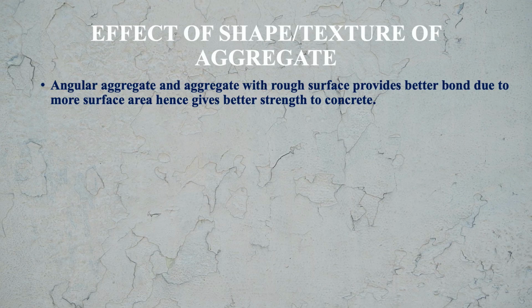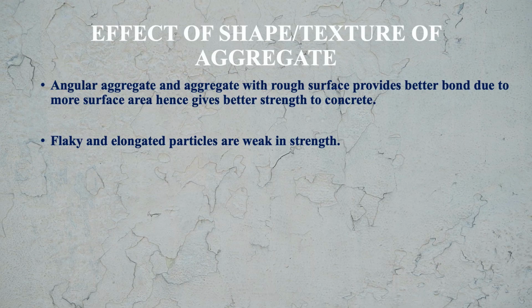Angular aggregates and aggregates with rough surface provide better bond due to more surface area, hence give better strength to the concrete. Better bond means better strength of the concrete.